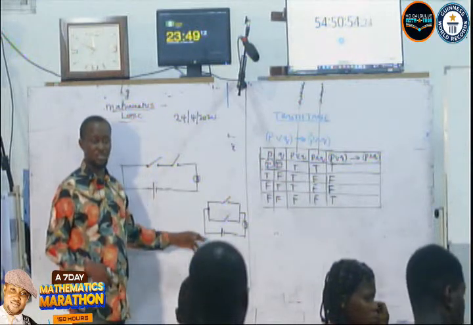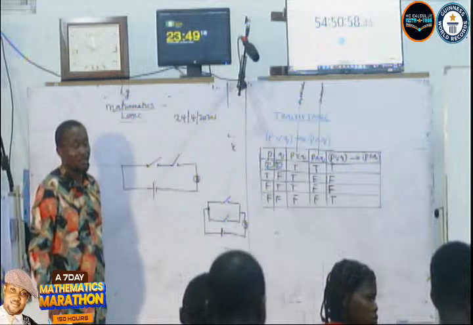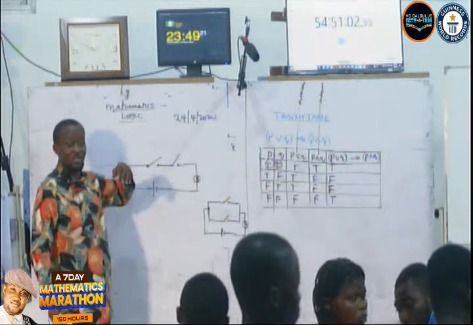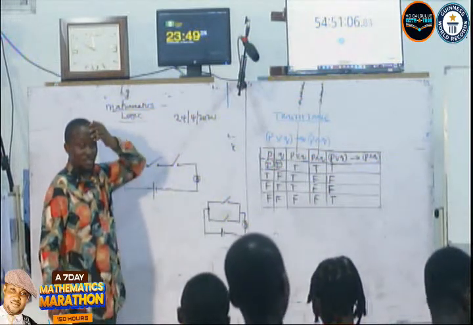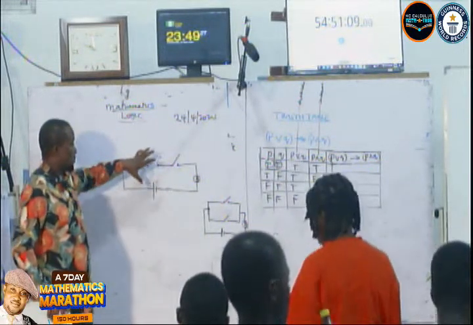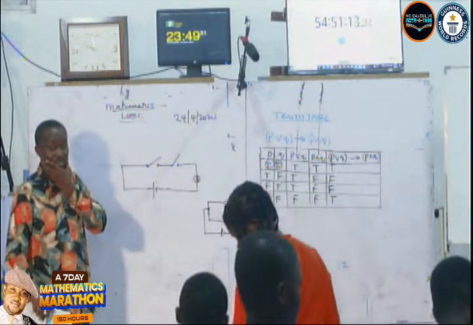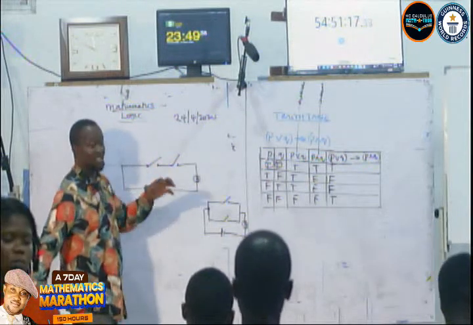Which connection is this? It's an electric circuit. This is a series circuit, and this is a parallel connection. Are you getting me? This is the principle of the AND and the OR gates. Are you following me?